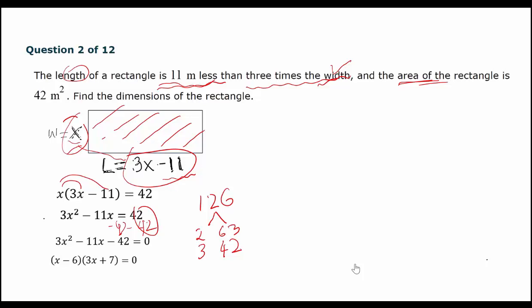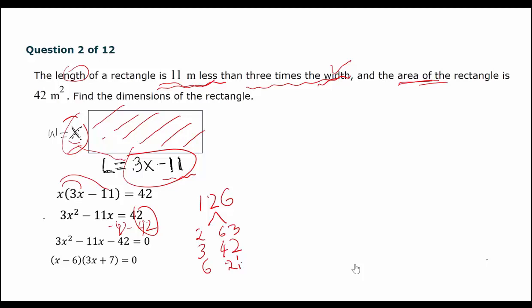4 is not working. 5 is not working. 6 will work. So 6 times 21. Then 7 is not working. 8 is not working.